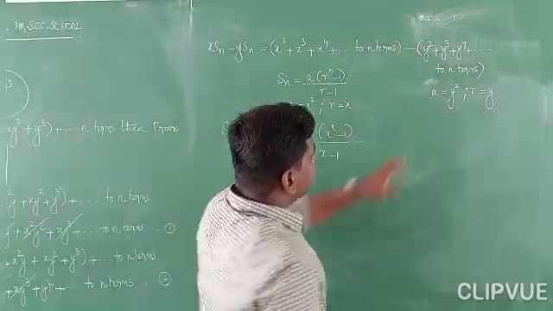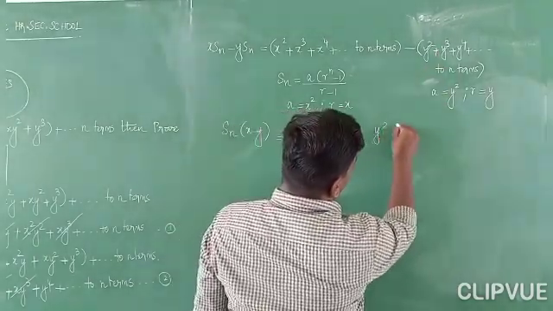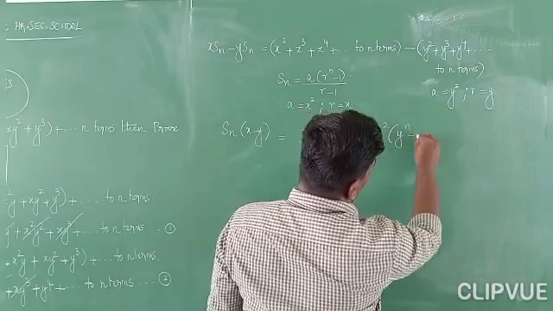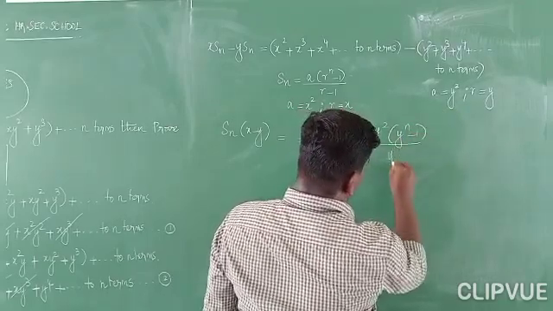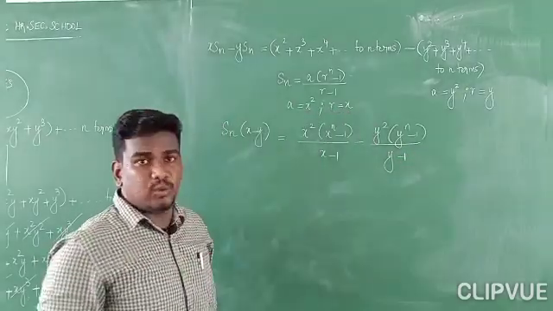Here the second geometric series, a is equal to y square, r is equal to y. So r power n means y power n minus 1 divided by y minus 1. So hence we prove the result.